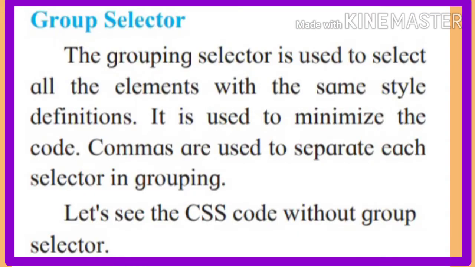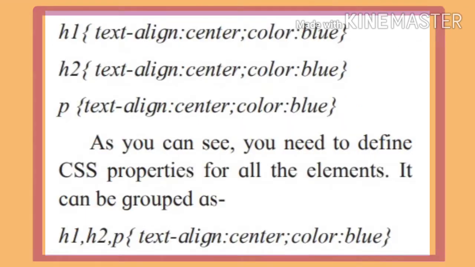Next selector is the group selector. The group selector is used to select all the elements with the same style definitions. It is used to minimize the code. Commas are used to separate each selector in grouping. This selector is useful when you want to give the same style effect to different elements.